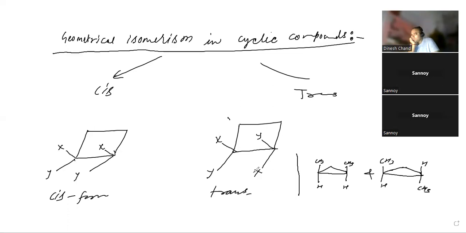Sir, the first one is cis, second one is trans. First one is cis. What will you write as the name? Cis, you need to count 1, 2, 3. So you will write cis-1,2-dimethylcyclopropane.